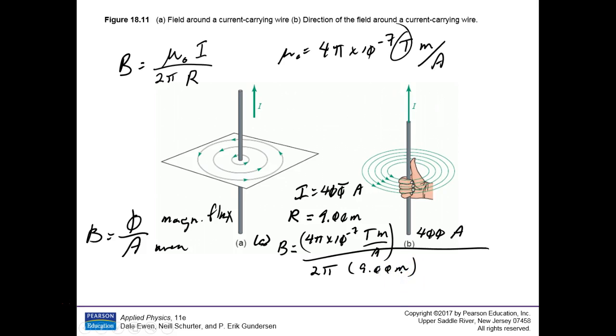If you notice here, the amps cancel, the meters cancel. Pi cancels pi, and 2 will go into 4 twice. So you got 2 times 10 to the negative 7th times 400.